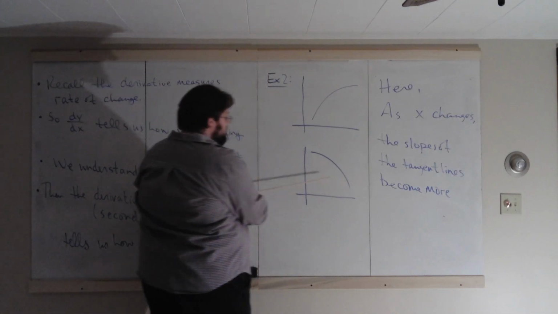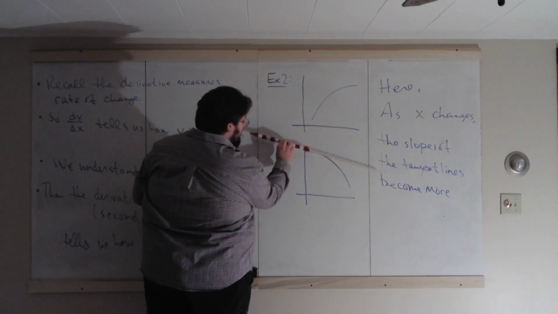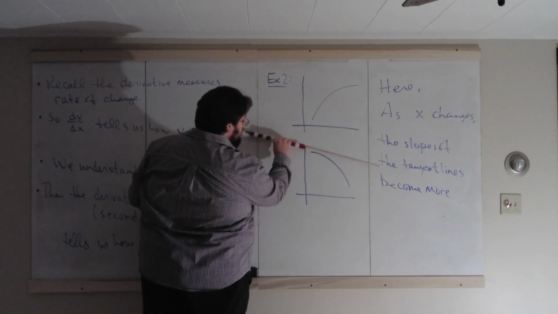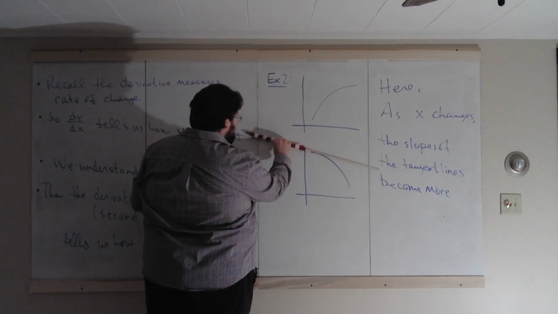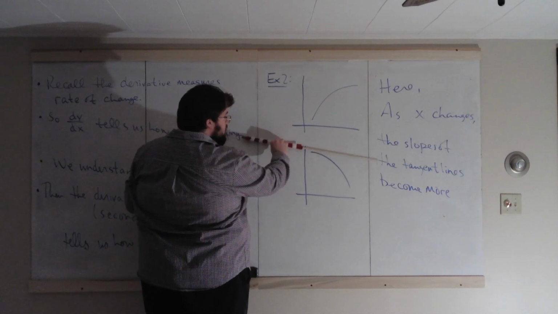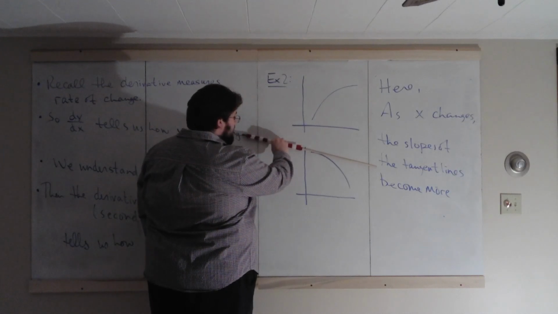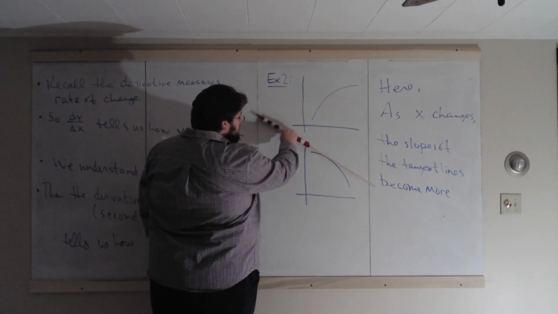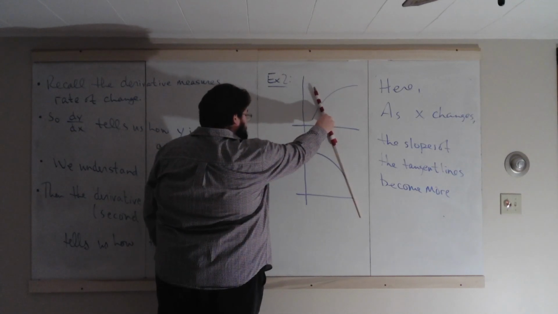What about in this second curve? When you start up here, we have a negative number. It's pretty close to 0, but it is still negative because it's going downhill. So say like a negative half. But as this travels on the curve, it becomes more negative.